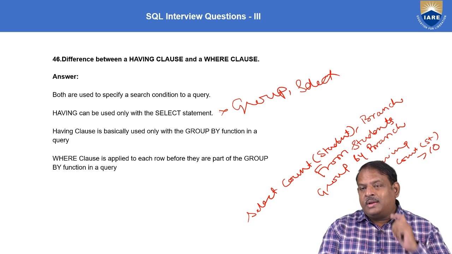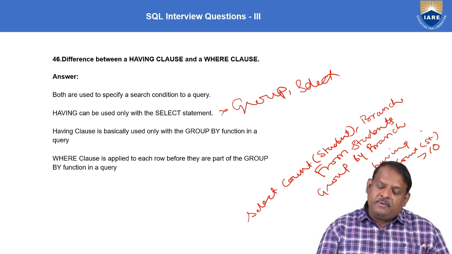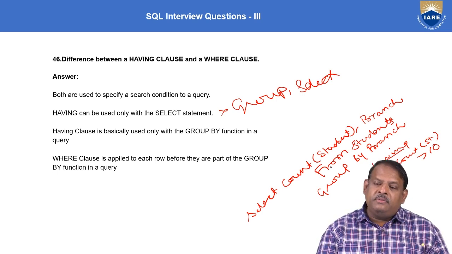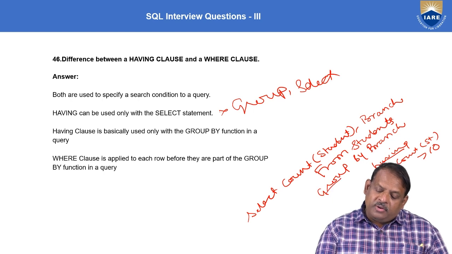So this is the syntax for the having clause. Having clause will come with the group by clause, and if you want to filter the group data, you have to use the having clause.